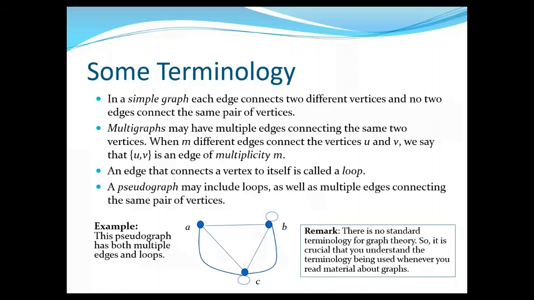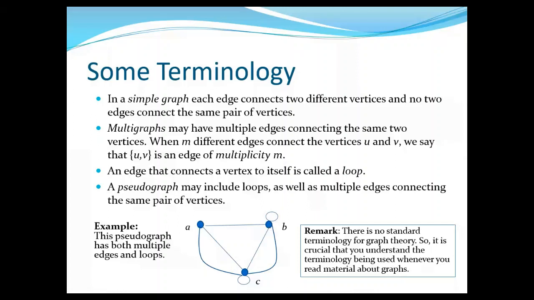Okay, and we have another term we call a loop. If we say loop, it's an edge that connects a vertex to itself. So this is an example of a loop wherein an edge starts at vertex B and ends at vertex B. That's a loop.